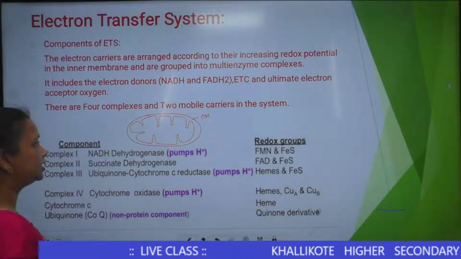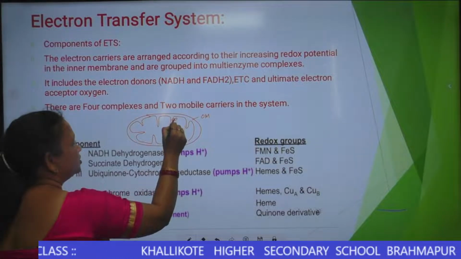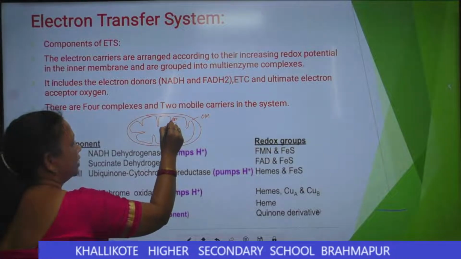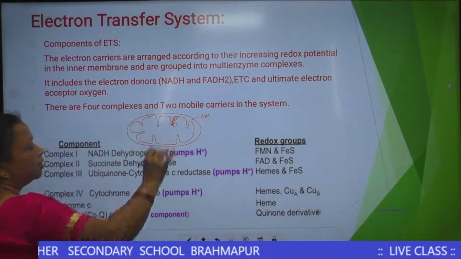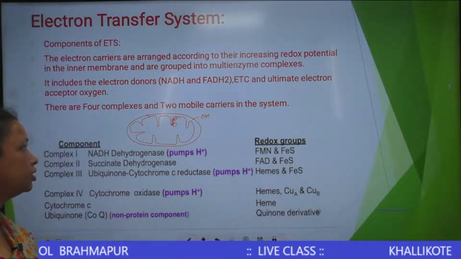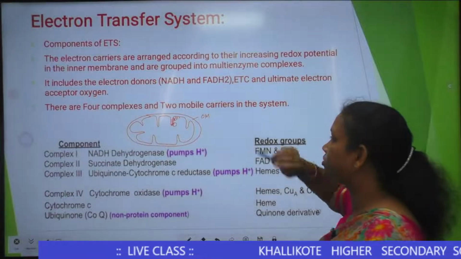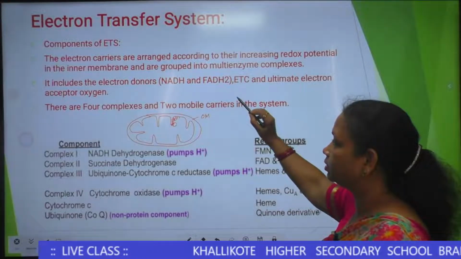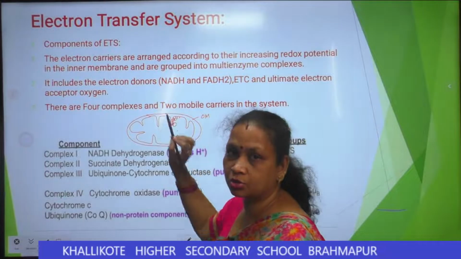So, this inner membrane will be having the F0, F1 particles, and in between we come across all these electron carriers that are arranged according to their increasing redox potential, the ability to get reduced, and it includes different types of electron donors.